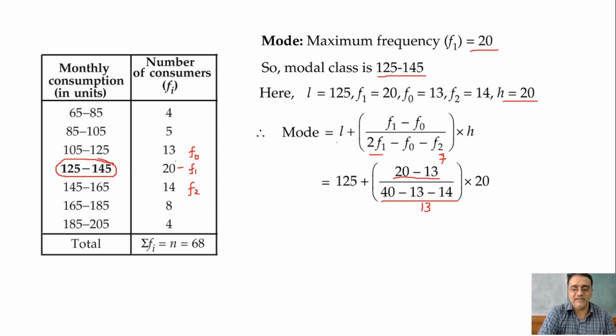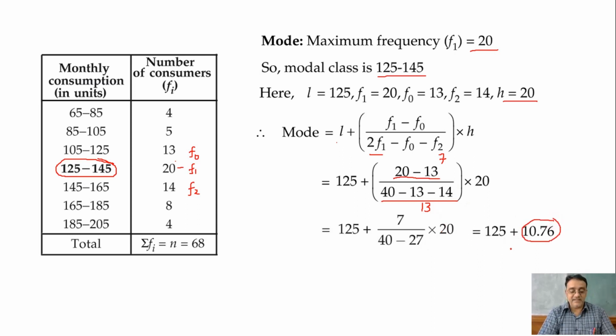So 140 divided by 13. Okay, इसको और सिंप्लीफाई कर रहे हैं. सो 140 डिवाइडेड बाय 13 मिलेगा 10.76 और द फाइनल आंसर इज 135.76.